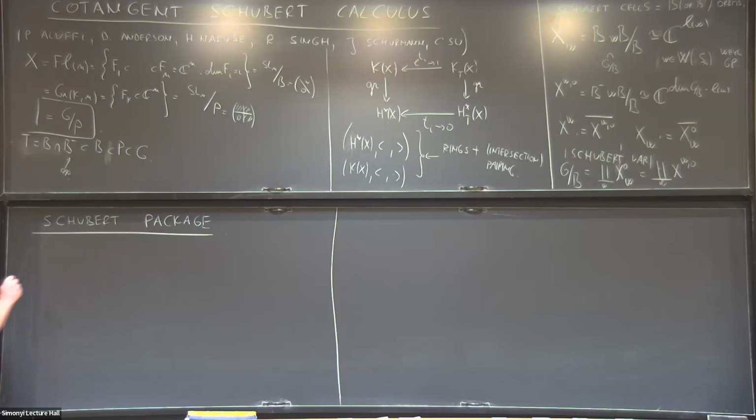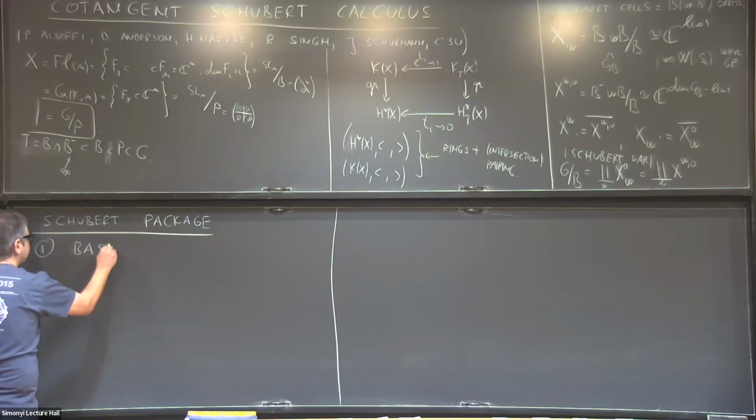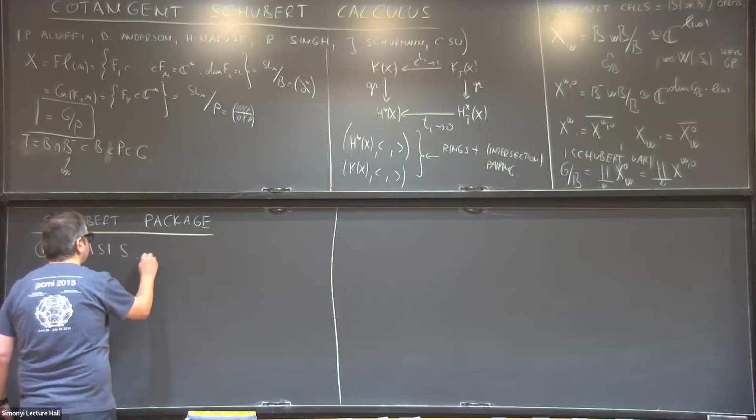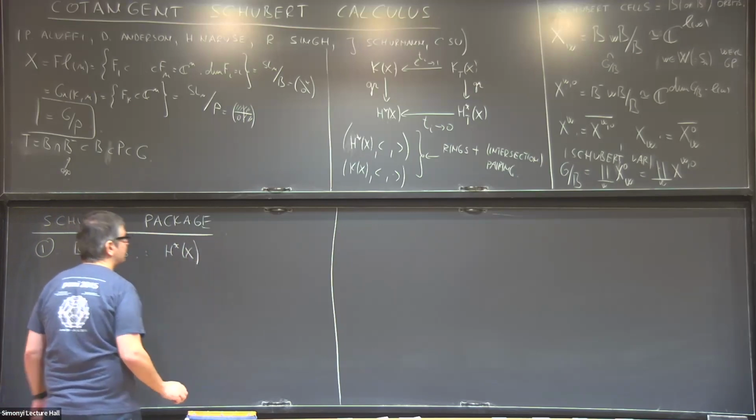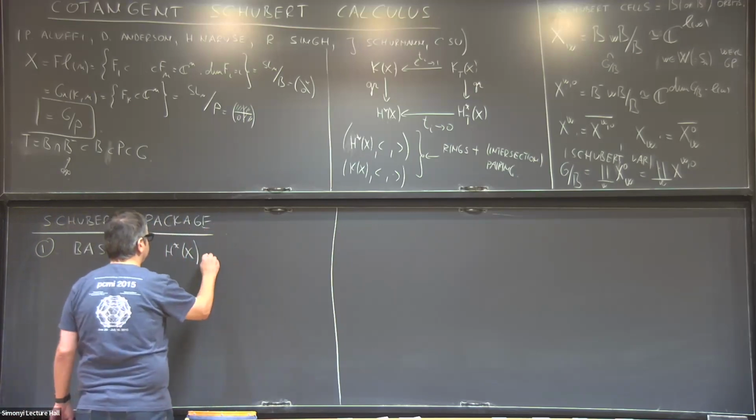So what is the Schubert package? Well, now I have a ring with a pairing, and I need to fix a basis. So what is the basis that I want? Well, I'm going to take the cohomology ring of X. Let's say X is G mod B, or the flag variety.